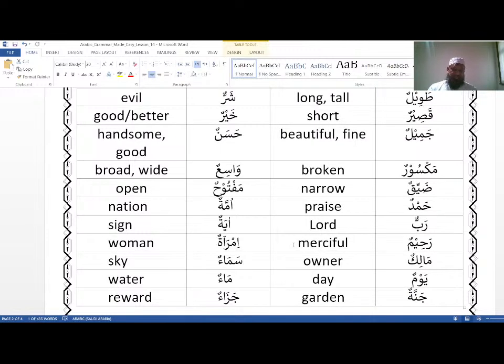Jaza'un, reward. Mudhakkar or muannas? Is there any sign of muannas? Or does this word come from one of those muannas categories?